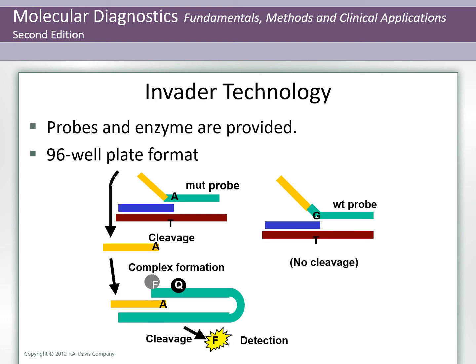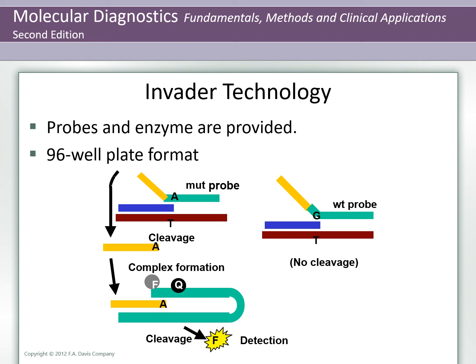So with Invader technology, the pre-mixed reagents include both probes and enzyme. The reagents, including Cleavase, are added to a 96-well plate along with the test samples. The samples can either be DNA or PCR products. Hybridization of supplied probe and anchor sequences to the input template, as seen in the upper left image of this figure, forms a structure that is the substrate for the cleavage enzyme.